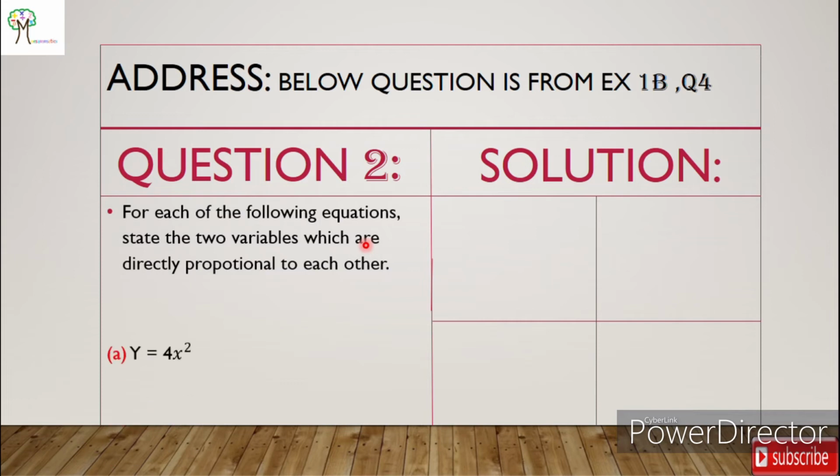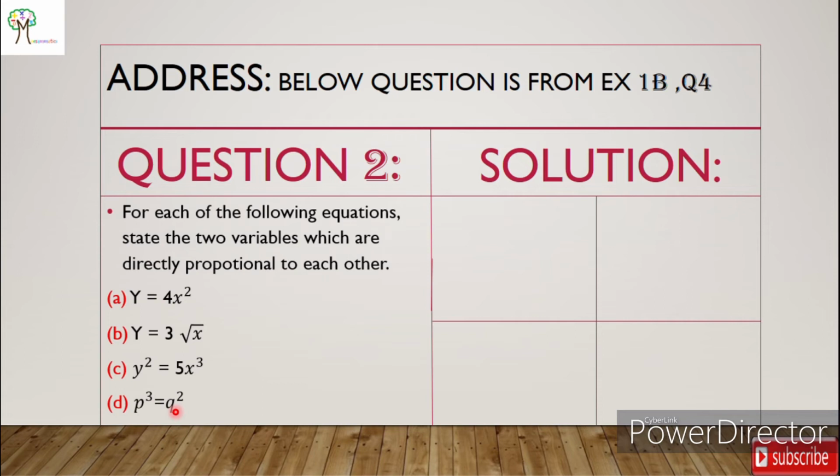So part A is y is equal to 4x square, B is y is equal to 3x square root, and C is y square is equal to 5x cube, and part D is p cube is equal to q square.